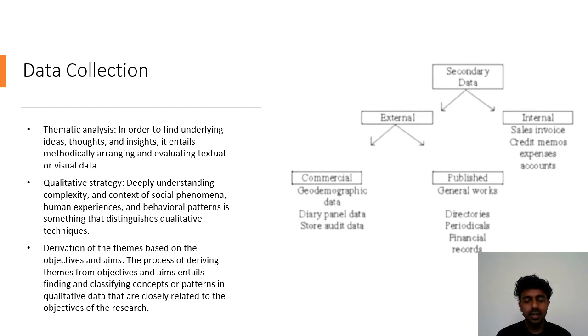Through the thematic data analysis, patterns in the qualitative data were identified to drive them further, which would provide meaningful information that aligns with the aim and the objectives of the research.